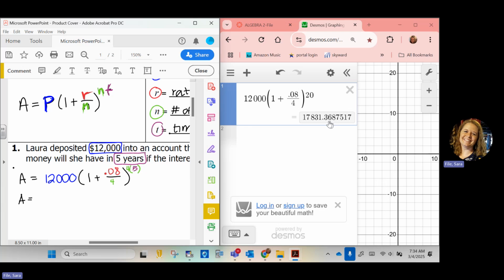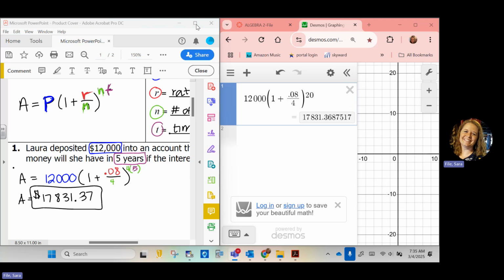So we look here at the 6 in the hundredths place, but you always look to the right one place to see if it rounds up or not. So that 8 is 5 or greater, so it's going to round this 6 up to a 7. So this is going to be $17,831.37. So I'm going to put the money sign because that's my unit of measure. You'll feel okay about that?